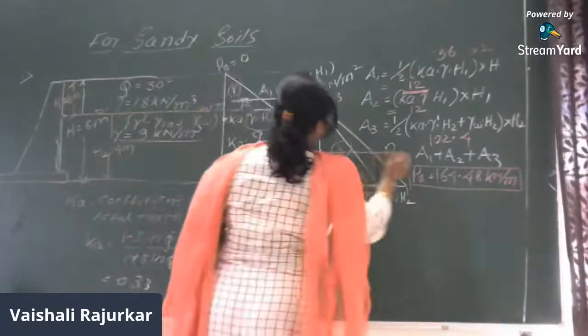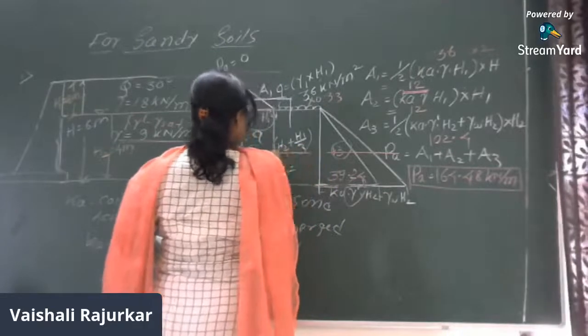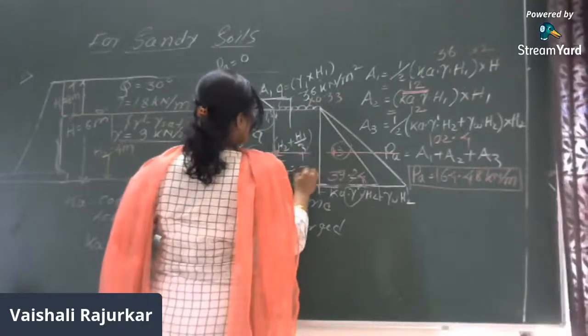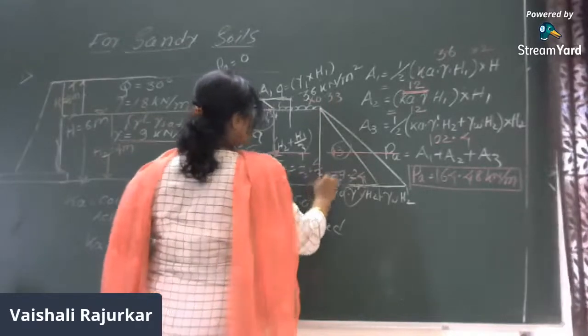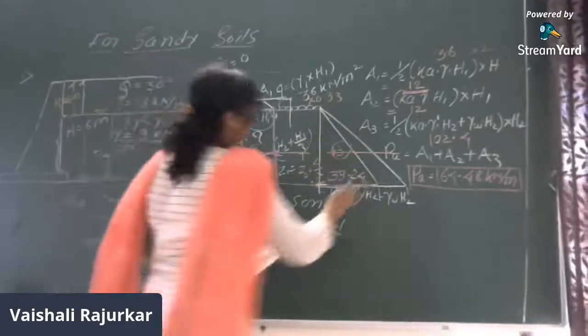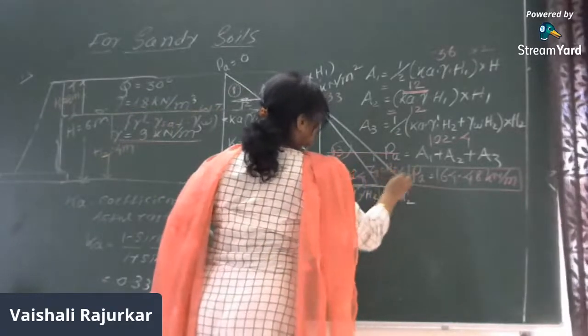Then another is the distance Z2. So this Z2 is 4 by 2, which is found to be 2, and Z3 is equal to H2 by 3.